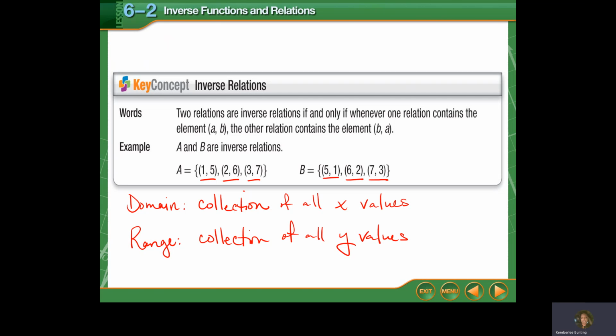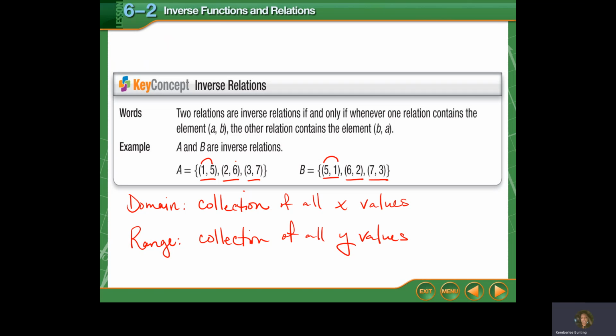All right. And you can see the board real good. So essentially, young people, a and b have switched places, correct? Look at the example. It says A and B are inverse relations. Why? Well, look at the point (1, 5) in set A. But look at set B. (1, 5) became what? (5, 1), right?